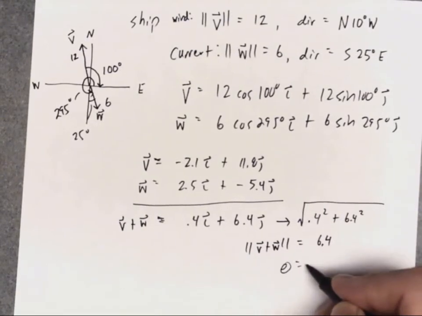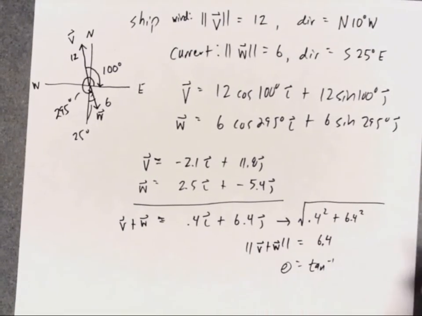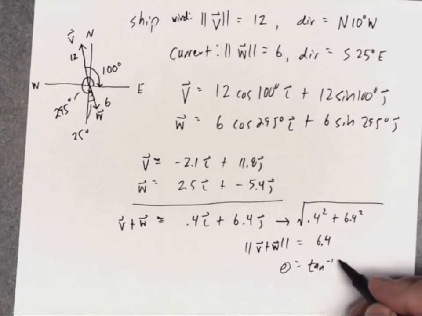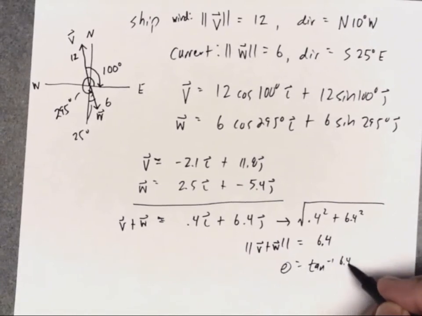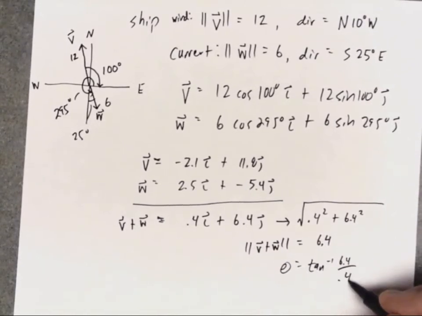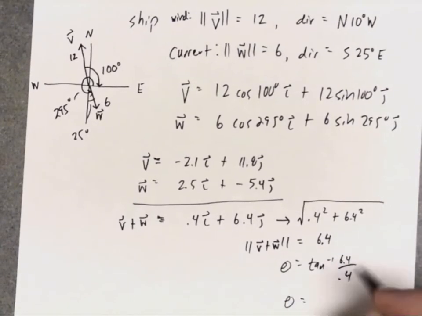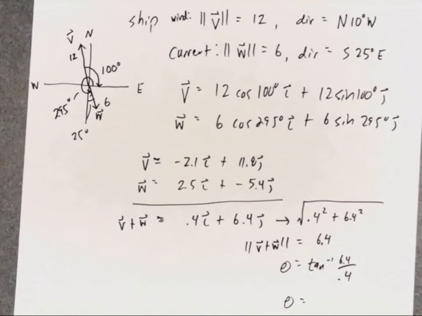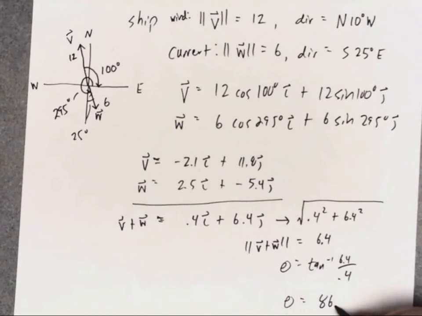And the angle, of course, it's the inverse tangent of the y part, or the j part, over the I part. So now 6.4 divided by 0.4 equals the inverse tangent of that, 86.4 degrees.